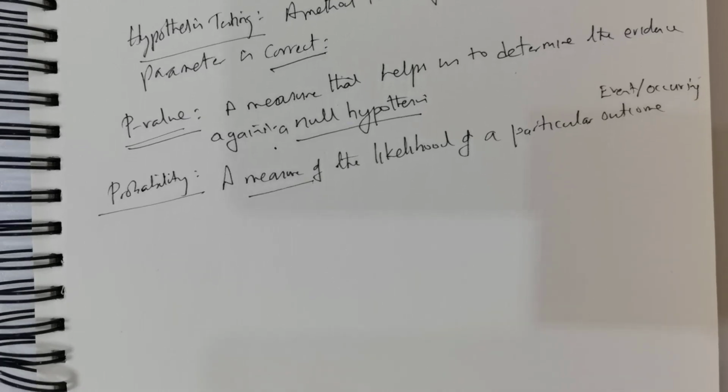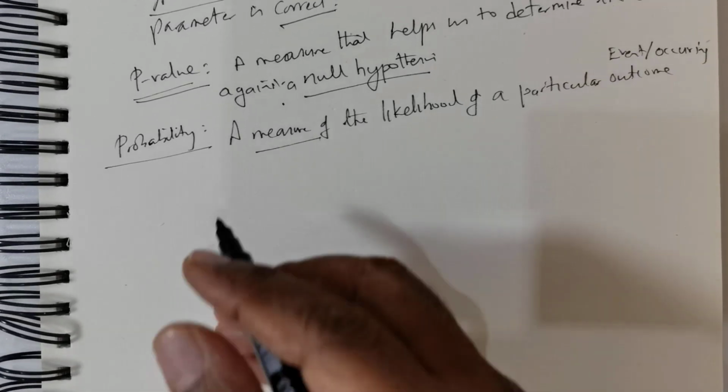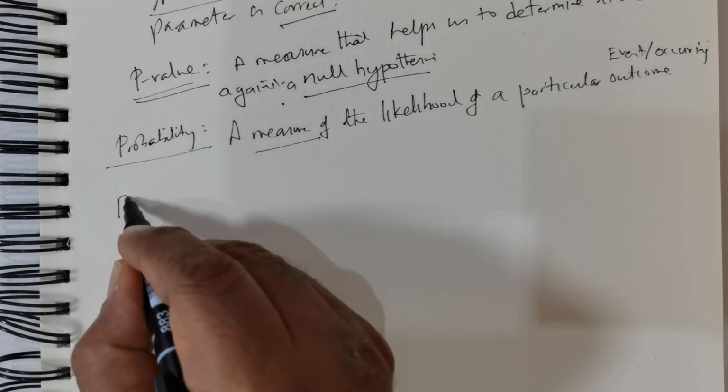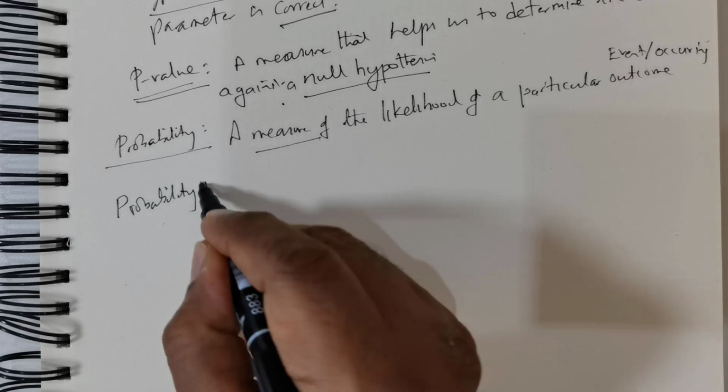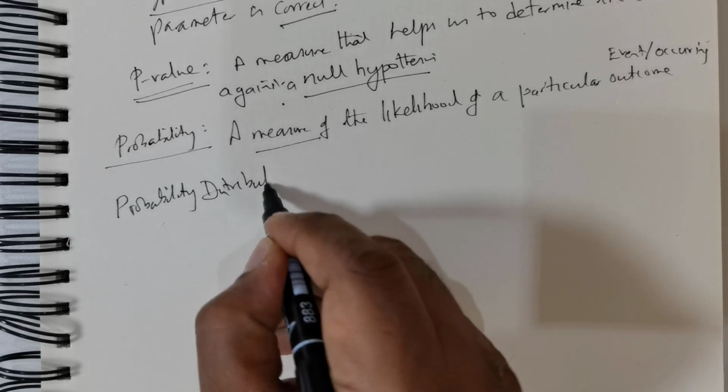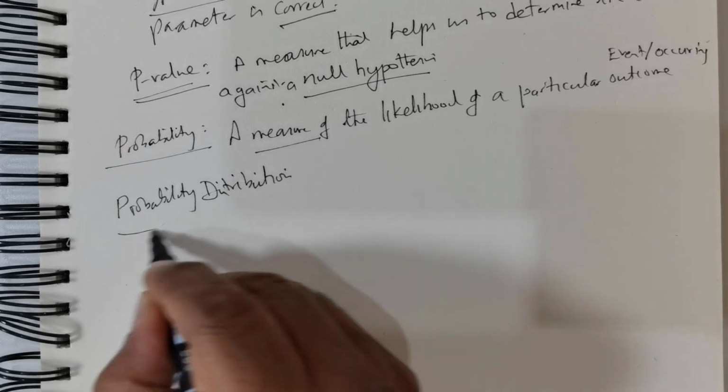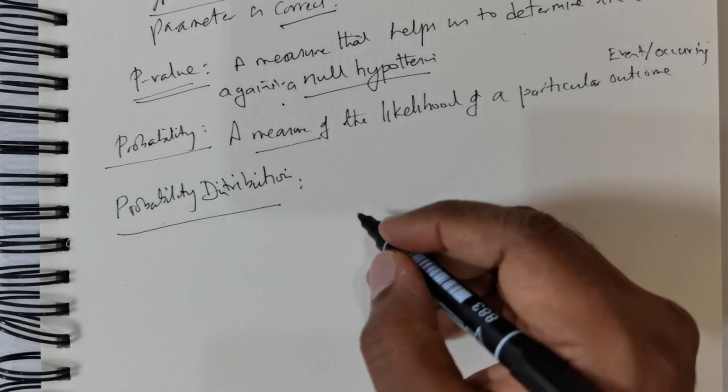So having given you that definition of probability, let us go and understand what exactly is probability distribution. This is very important when it comes to machine learning or data science.